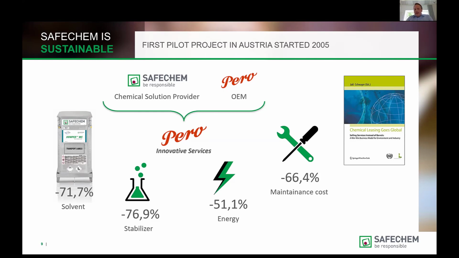So you can see that even on the service side, you can further optimize if you apply such a business model. And then because we work together with a machine manufacturer, we also have the data here on the equipment side. So there were more than 50% of energy savings and more than 60% on savings of maintenance cost. So that was the initial starting project.